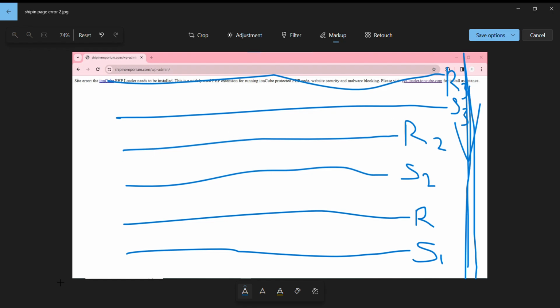Now the same way, if we have support line 1 here, and support line 1 here, this can also be support line 2, and this can be resistance line 1, and this can also be resistance line 2.